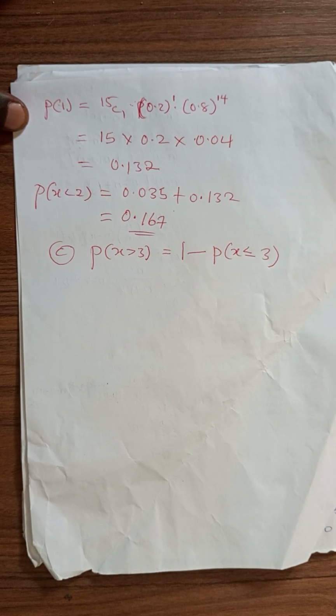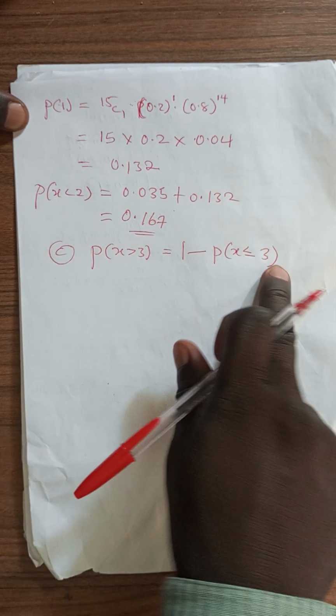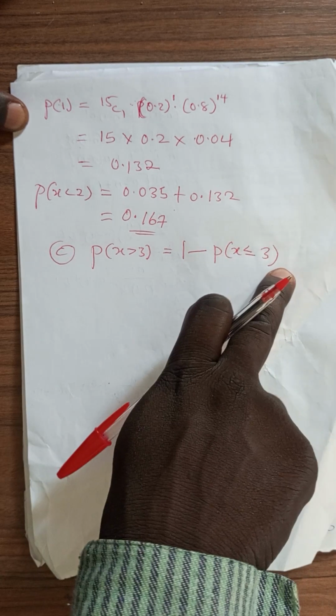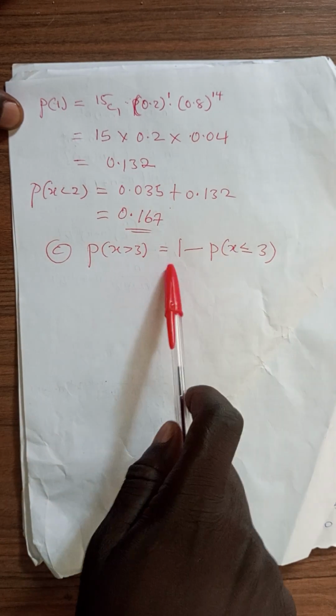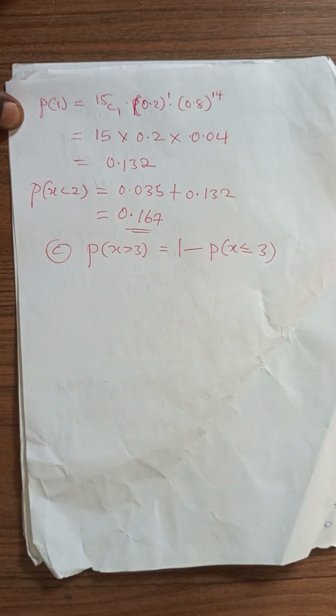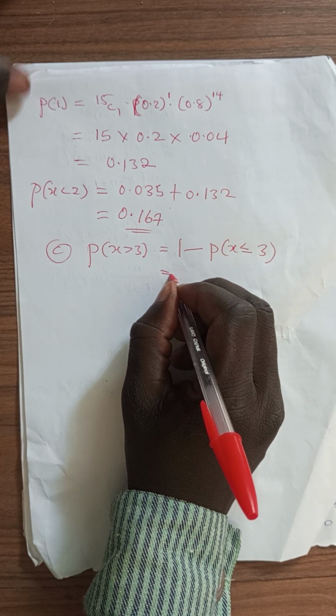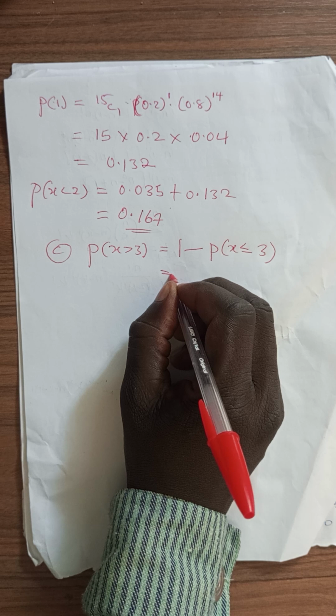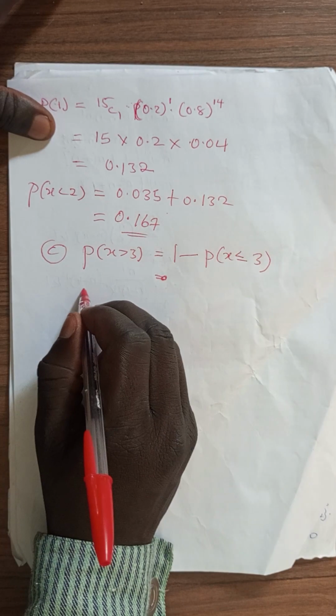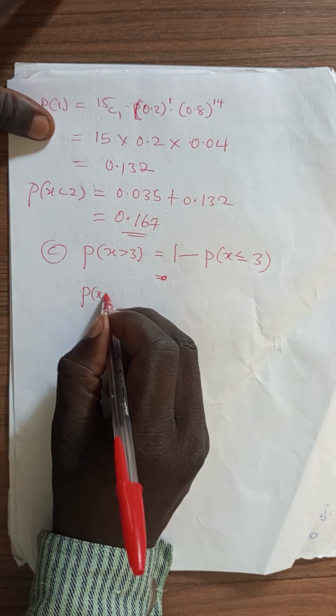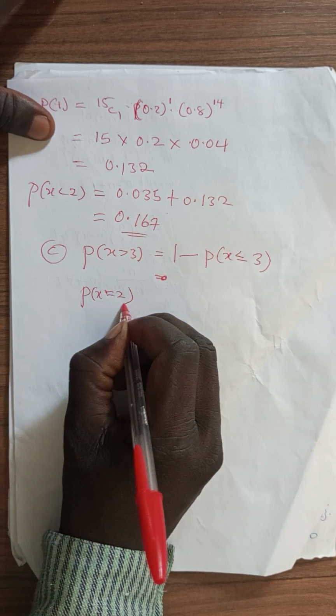And so you find the probability of x less than or equal to 3. We have done it already. Then just say 1 minus that. And that is equal to probability of x equals 2, which we have not done yet. So you do probability of x equals 2 and then solve.